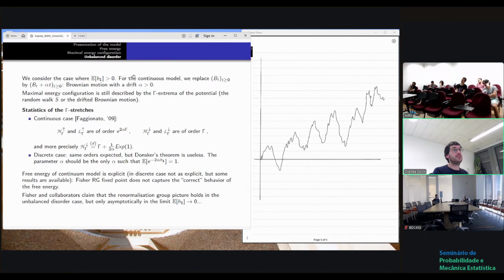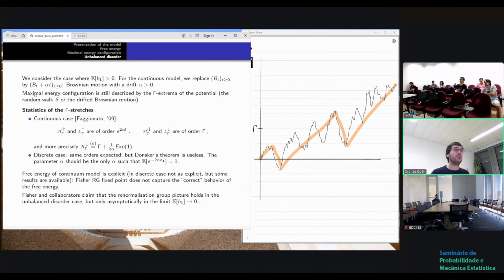So typically this should be like this. In the Brownian case, you replace B by a drifting Brownian motion. You can still look at the gamma extrema. So let's say gamma is here. If you decompose this in terms of gamma extrema, let's say you obtain something like this.